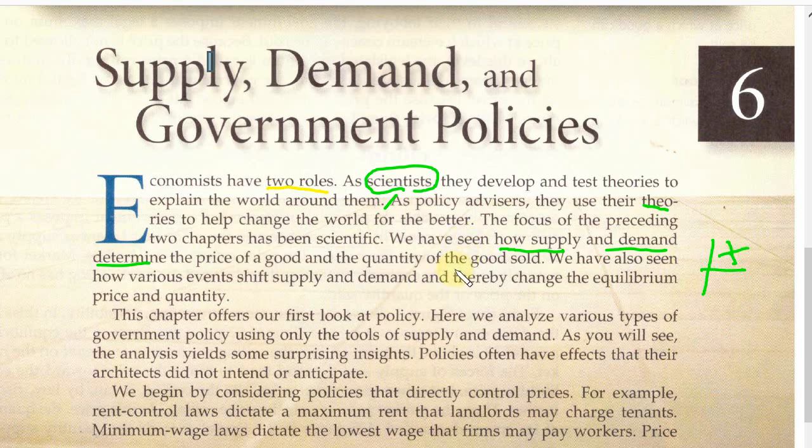We have seen how supply and demand determine the price of a good and the quantity of the good sold. So here is the price and then the quantity. We have already seen this.